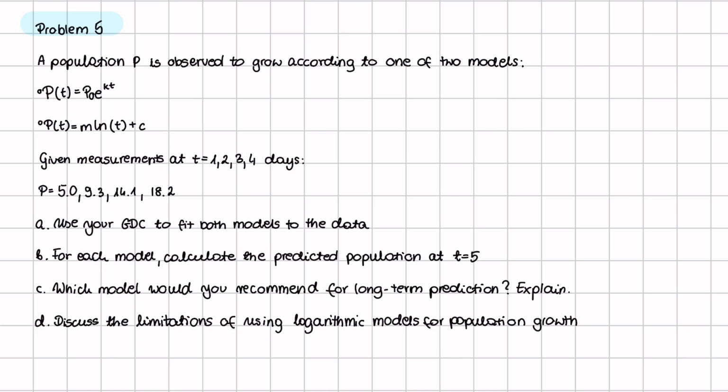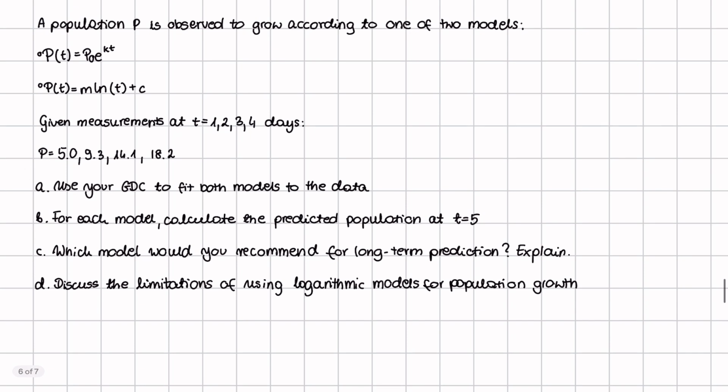So all we need to do is just to type these values, firstly t as x and then P as y, to statistics, to list 1 and list 2, or spreadsheet, depends on the GDC that you have. And then we have to choose calculate regression, and then firstly exponential model.